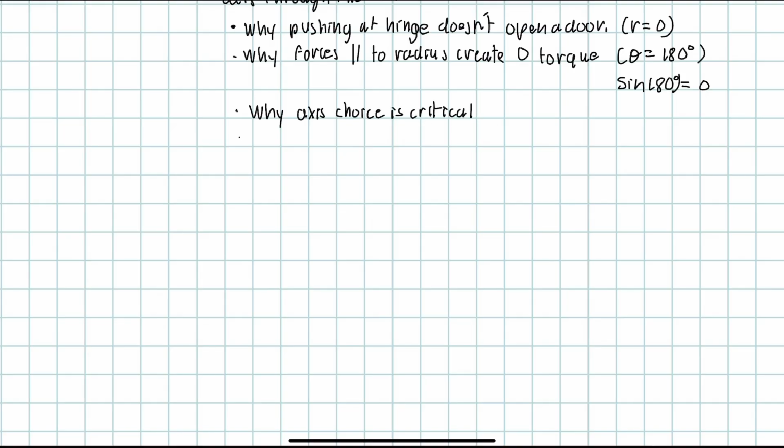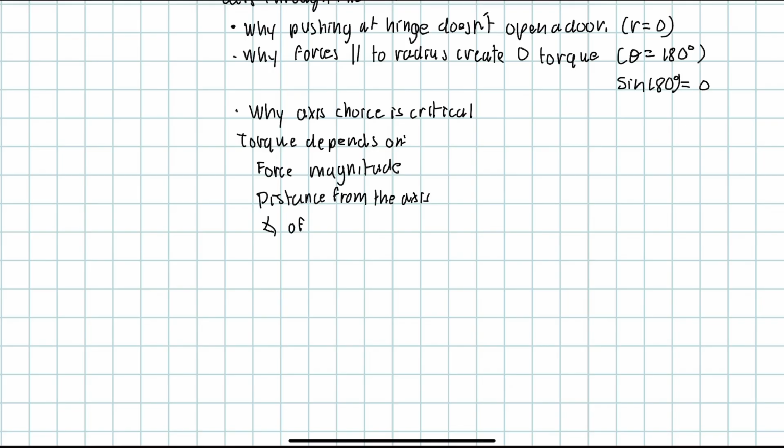So what does torque depend on? Torque depends on the force magnitude, the distance from the axis, and also the angle of application, because those are all involved in the formula. Those are all from the formula.